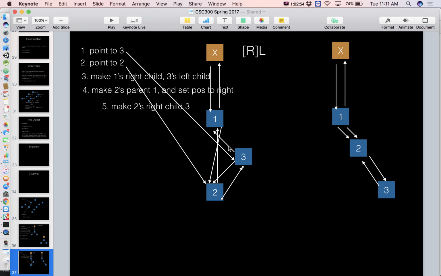And then set 3's parent to 2. 3 is going to ultimately look like this. So 3's left child should be null. Okay, so set 3's left child to null.